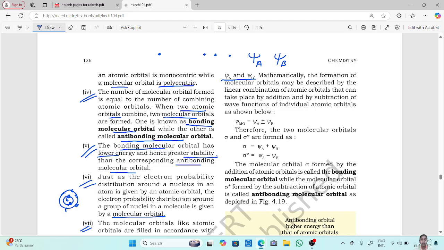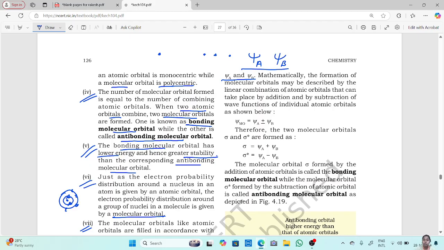How can you do that? You can do that by addition and by subtraction of wave functions. These wave functions, you can either add them or subtract them to find the formation of molecular orbitals mathematically.